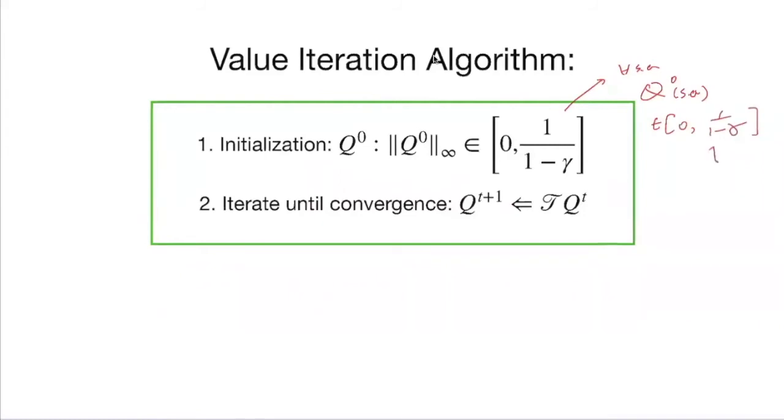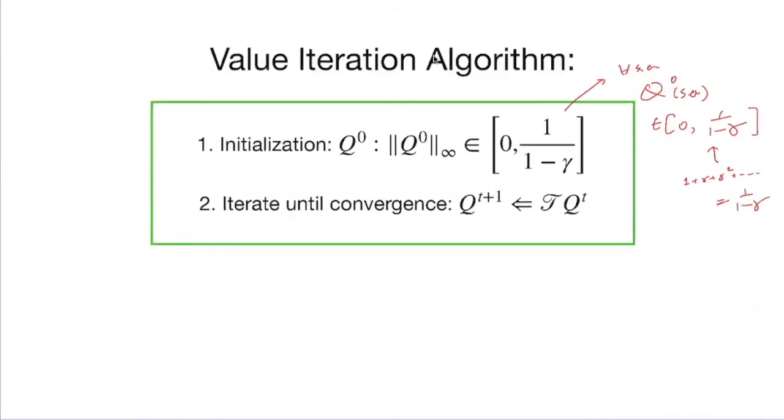Let me remind you that this quantity comes from the fact that 1 plus gamma plus gamma squared, all the way to the end, equals 1 over 1 minus gamma. So the maximum possible reward that we could get is 1 over 1 minus gamma. There's no reason for me to guess a point outside this region, because I know that the quantity I want to estimate lives inside this region.